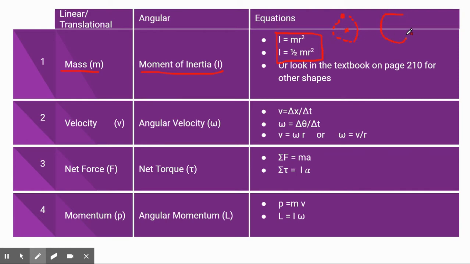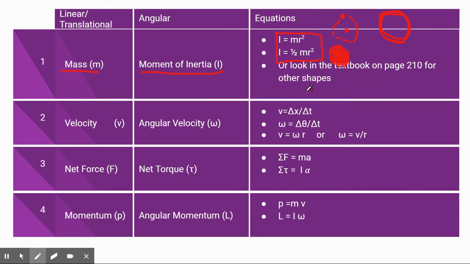It's also mr squared when you have a hoop, think like a hula hoop, or something where all the mass is on the outside, maybe like a bike tire. And then the 1/2 mr squared is for a solid cylinder, or a disc, or a pulley, something where you have all the mass filled in here.